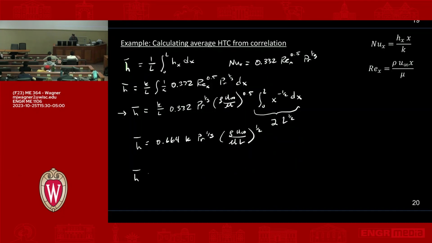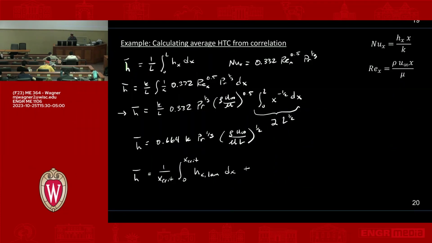That would just be h bar equal to, I'm going to integrate from 0 to x critical for the laminar part, for the hx laminar dx. And then add to that: first you integrate up to the transition point, and then you integrate from the transition point to wherever you want to end up.